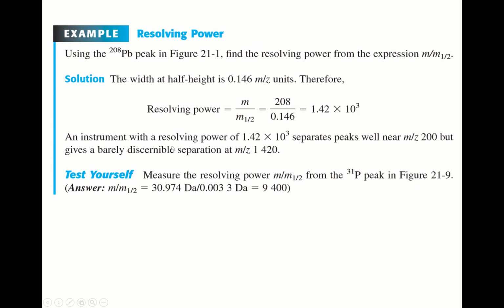An instrument with a resolving power of this number separates peaks near a mass to charge ratio of 200, but gives a barely discernible separation at a mass number of 1000 or so. This resolving power is not enough if the mass to charge ratio is that high.